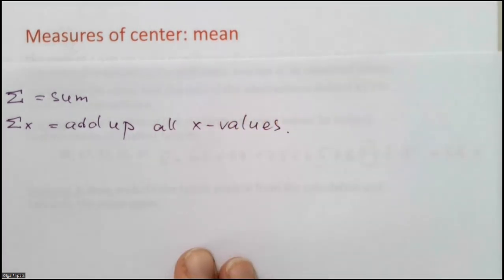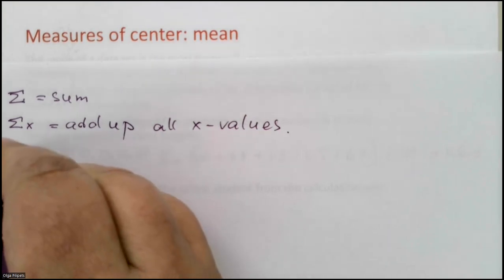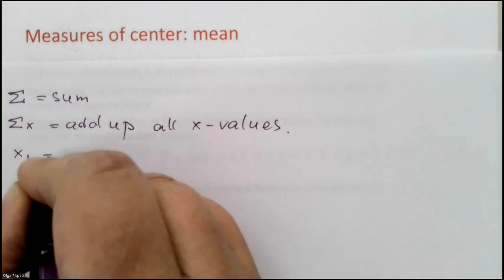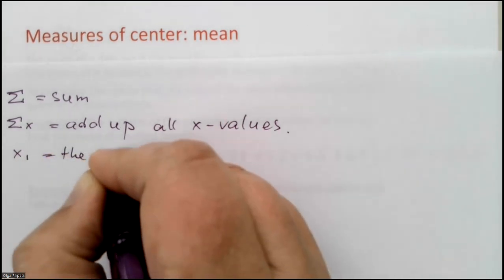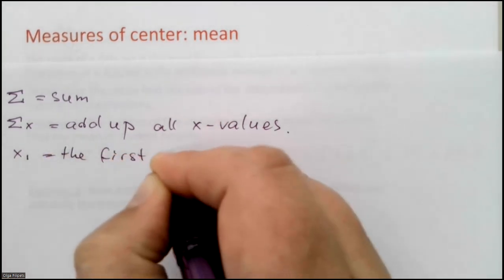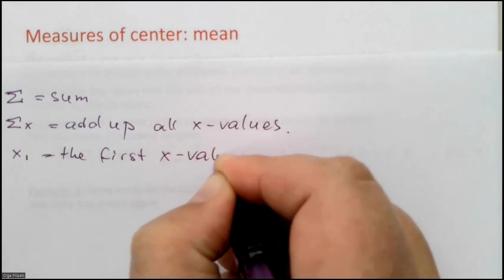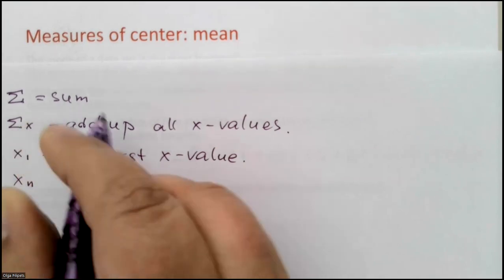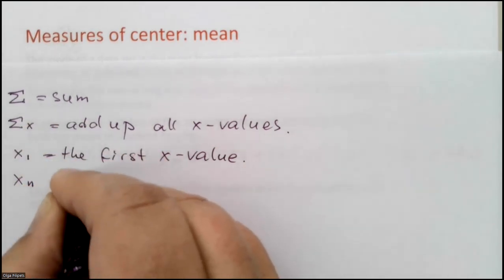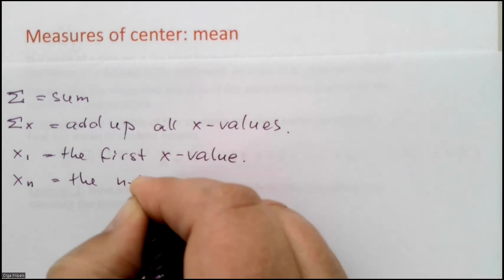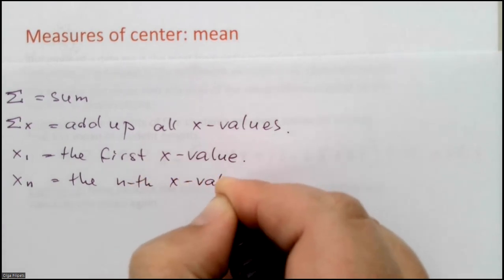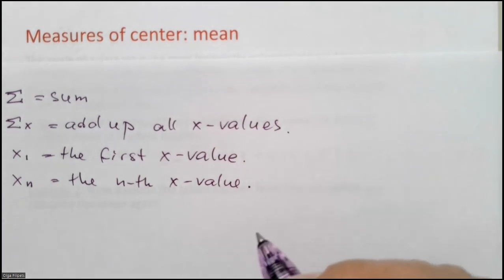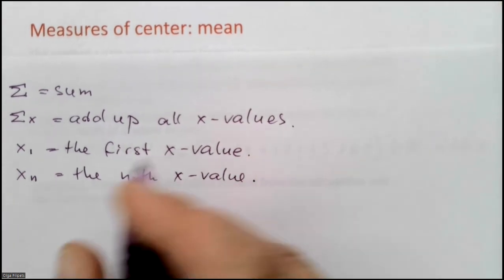Also, for the X values, we're going to use subscripts. X with a subscript 1 means the first X value, and X with a subscript n means the nth X value. So if we were to write down the formula for the mean, it would look like this.